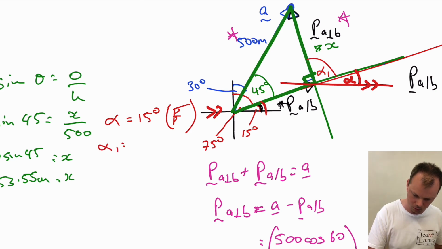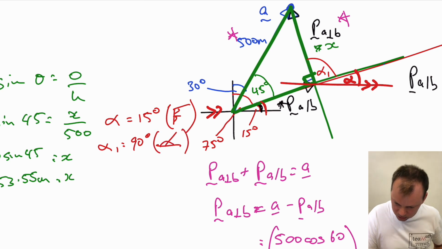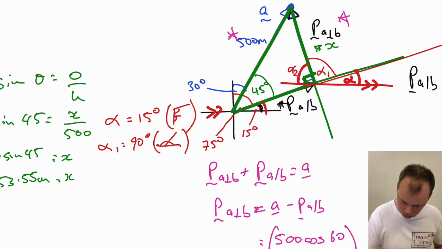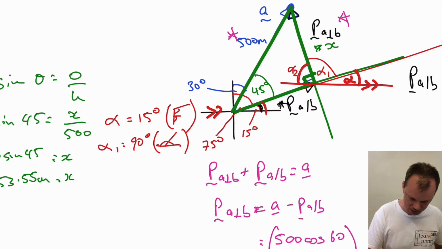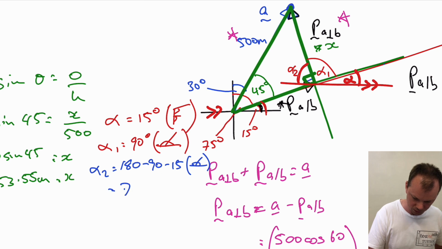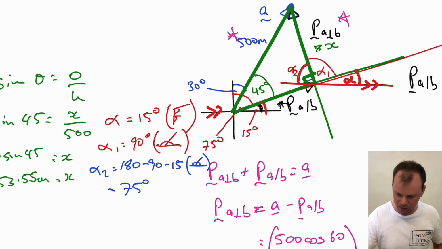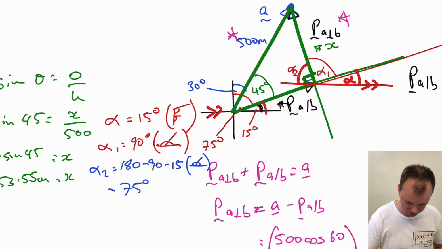Alpha 1 equals 90 degrees because angles on a straight line add up to 180, which means we can work out this one here, let's call it alpha 2, for the same reasoning, right? All of these add up to 180. So alpha 2, because of this rule, equals 75 degrees, we can then get our true bearing.